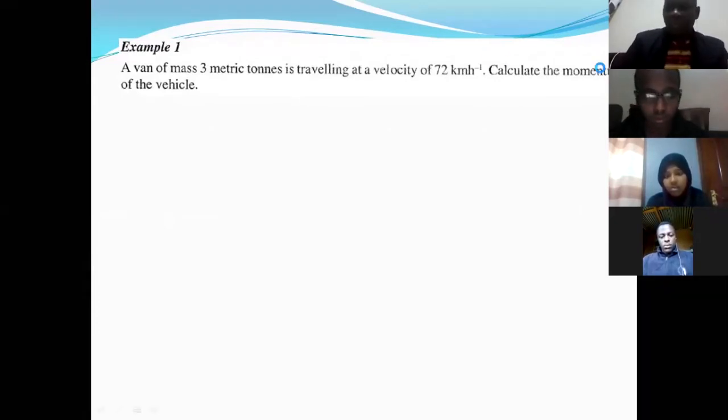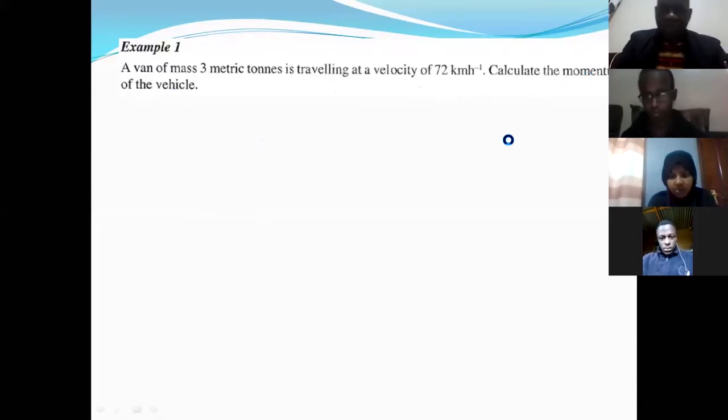But before we go to Newton's second law of motion, we have some worked examples here, which I would like you to attempt. Number one, we have a van whose mass is 3 metric tons. It's traveling at a velocity of 72 kilometers per hour. Calculate the momentum of the vehicle. You can quickly copy the question, then attempt, or just do the working, because these notes you will be given. Just show the working.